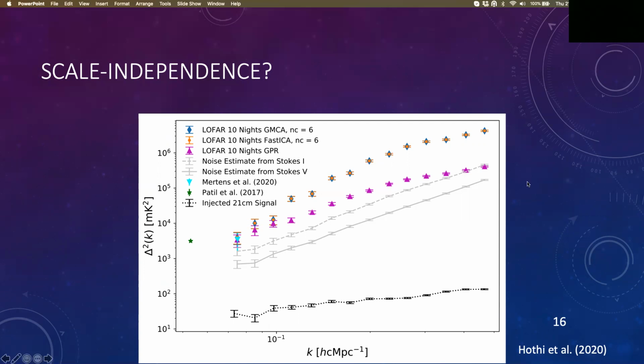And now this might be sufficient for the lowest of k-scales. As we get to the highest of k-scales, when all of these different effects, such as the mode mixing, such as the RFI flagging, increase the number of components, 6 components is no longer sufficient to model the foreground. And so what we end up getting is underfitting. And so we're no longer sufficiently modeling our foregrounds at the highest of k's. And hence we get this seeming degradation in performance.